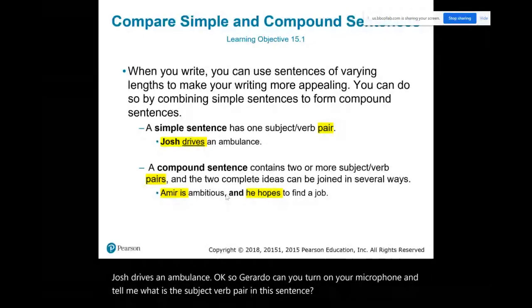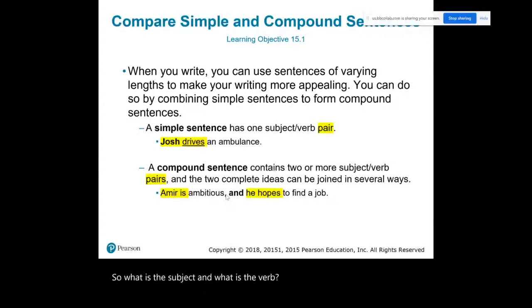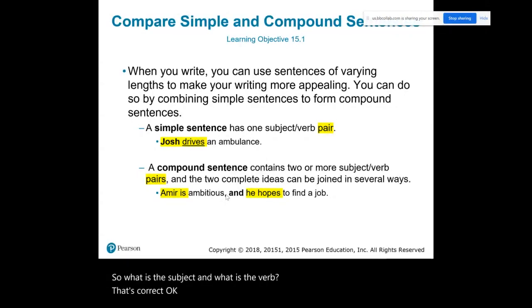Drives. Yes. So what is the subject and what is the verb? Josh is the subject and drives is the verb. That's correct. Okay, good.